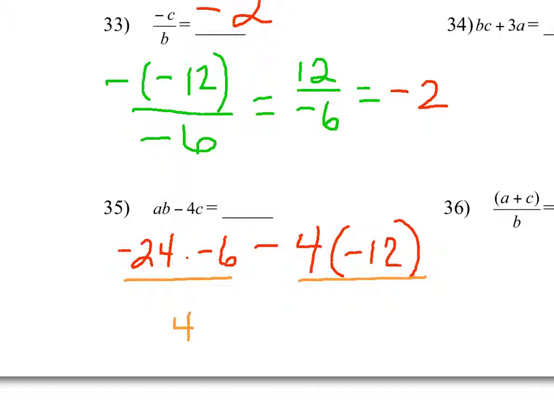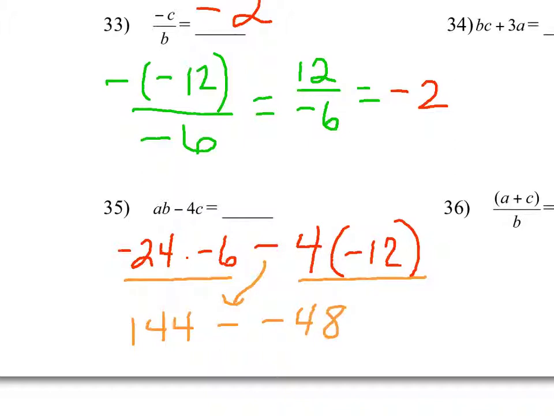Twenty-four times 6, 144. Now ask yourself if that's positive or negative. Well, we had a negative times a negative, so it should be positive 144. I still bring down this sign as a minus sign. Okay, so 144 minus 4 times negative 12 is negative 48.